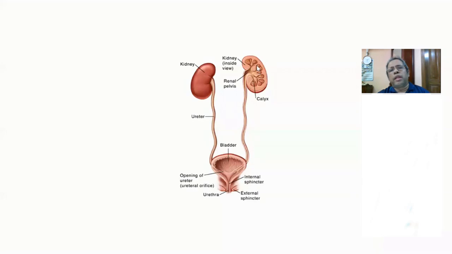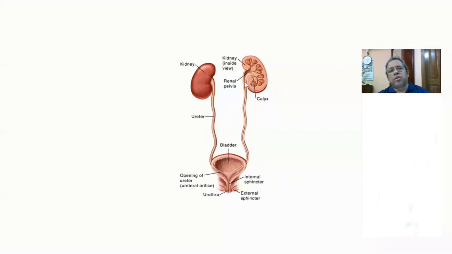The pointed projected part, pyramidal in shape, is called the renal pyramid. From the renal pyramid, the tubules drain urine to the calyces. The minor calyces join together to form the major calyx, and ultimately the major calyces join each other and form the pelvis.